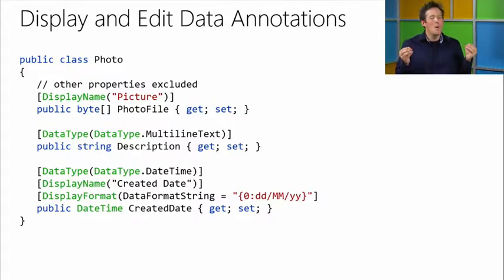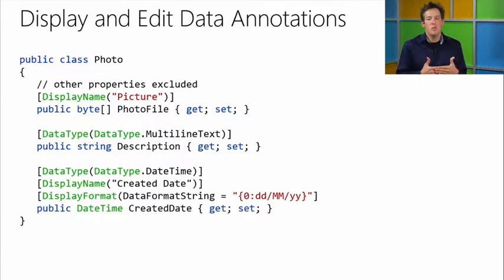Yep. Now, what you're going to notice here is that on our little photo class we've got a display name of picture, and that's going to be used when we set this up on a view. You're also going to notice that we're identifying the description as multi-line text.